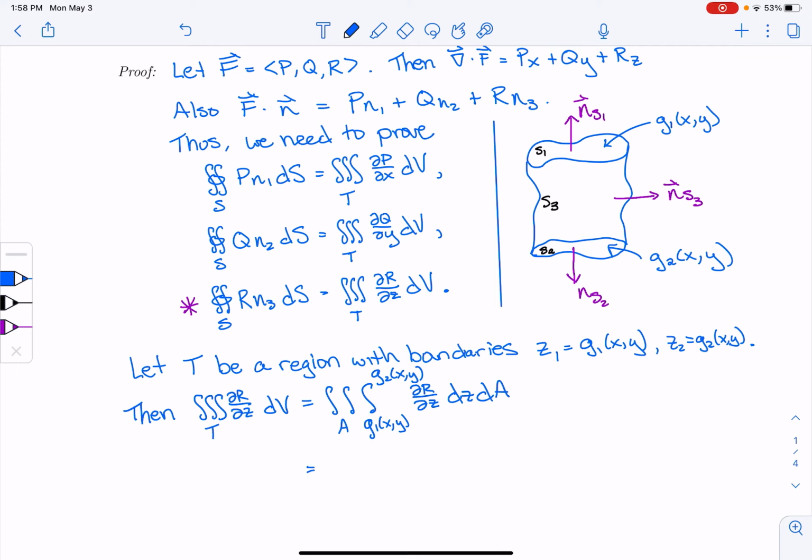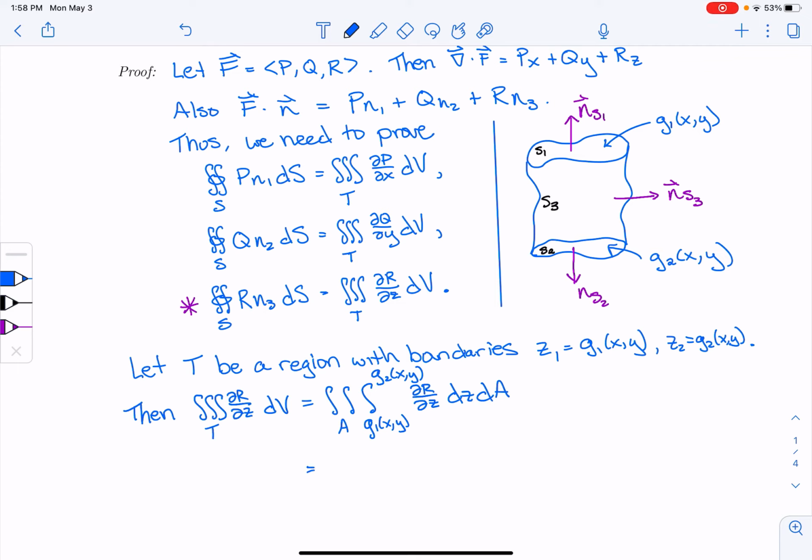And if I do that, I'm going to get the double integral over A of R of x, y, and then z is going to be g1 of xy, or g2 of xy. Sorry, this is actually going to go from g1 to g2. So it's R of x, y, g2 of xy minus R of x, y, g1 of xy.